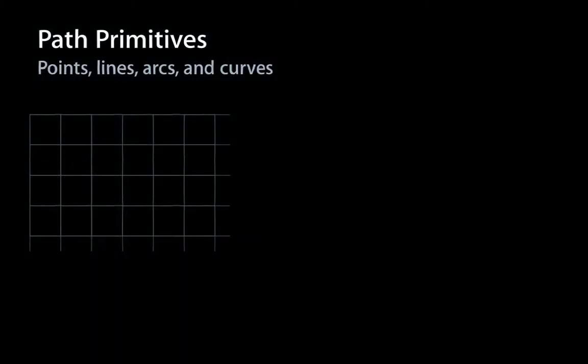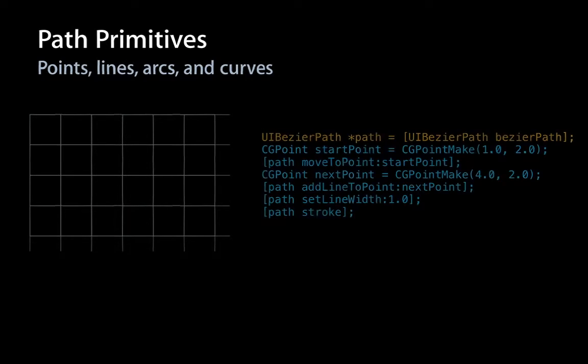So the primitive of how you draw things in Core Graphics is a path. And a path is made up of one of four pieces: a point, a line, an arc, or a curve. You create a path with UIBezierPath. Call the class method bezierPath. That's going to return an autoreleased object to you.